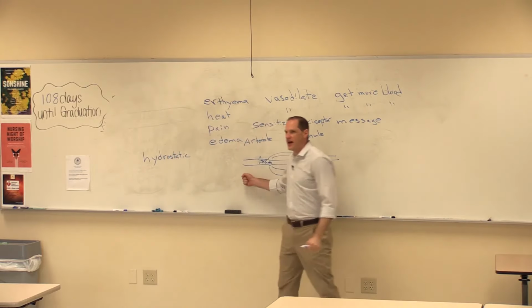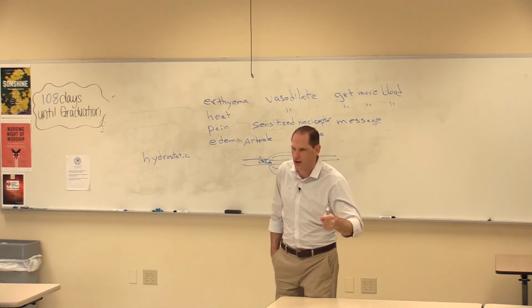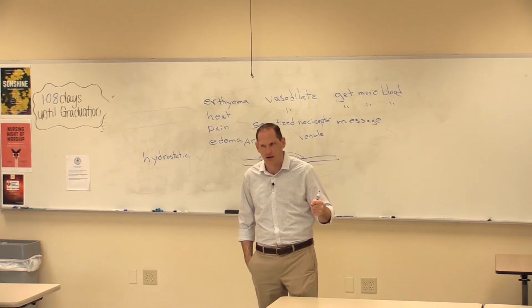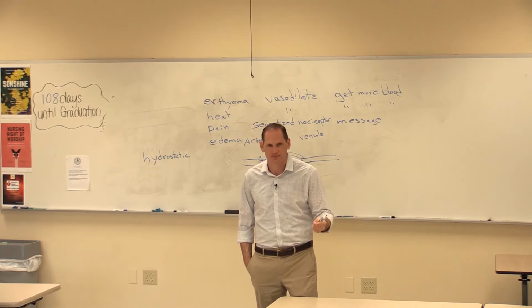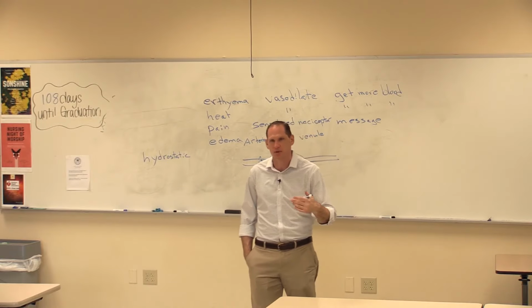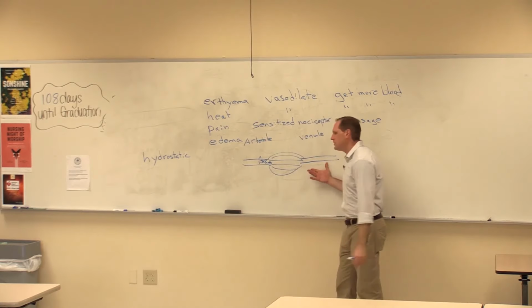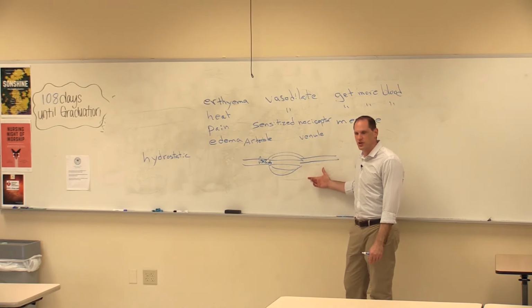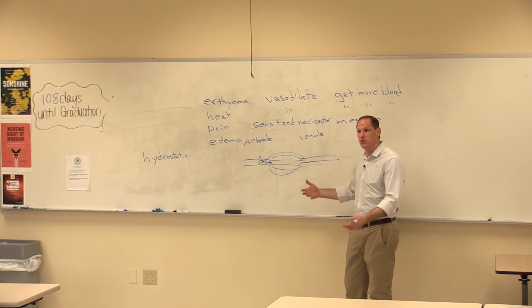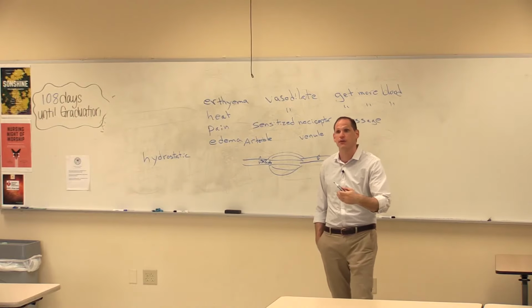Now, on the arterial side, the thing that mostly generates the hydrostatic pressure is your heart. Now, on the venous side, you've used up the heart pressure, so you don't have that. But you still have some pressure pushing out because you've got fluid in the system. And over here, the major determinant of hydrostatic pressure is blood volume.